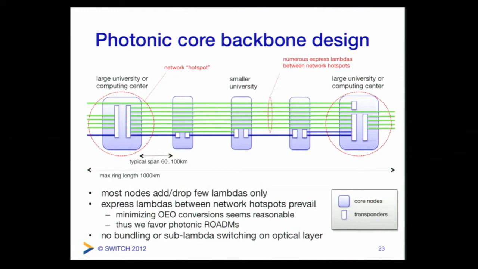However, we need the ability to drop a couple of lambdas in all the nodes without regenerating all the other waves. That's why we think that the photonic approach is better suited for our case than things like Infinera, maybe. This also means that all switching below lambda level has to be done elsewhere, maybe on a router or something. But we are quite comfortable with this.